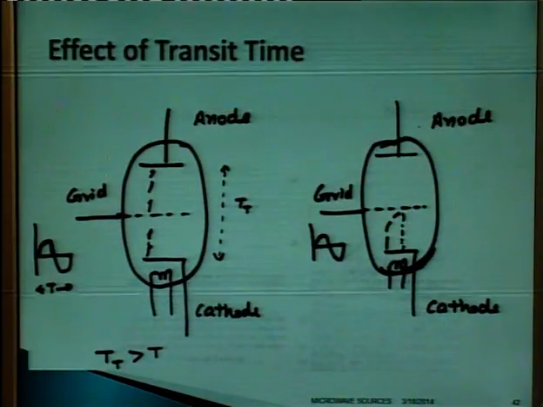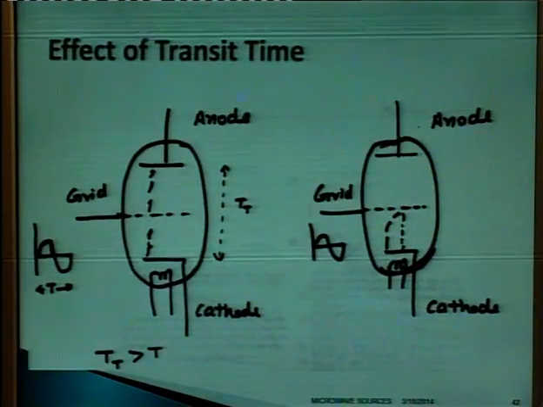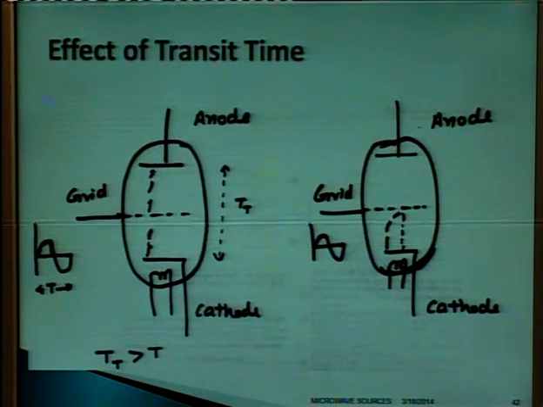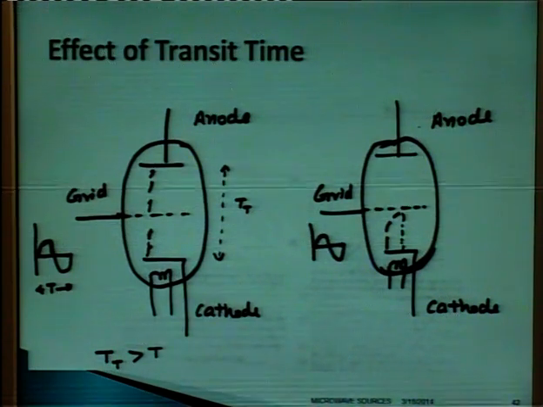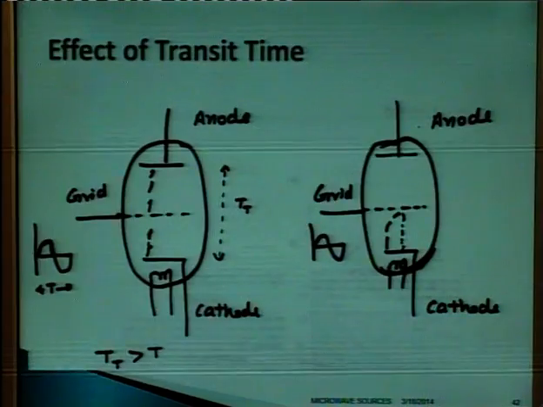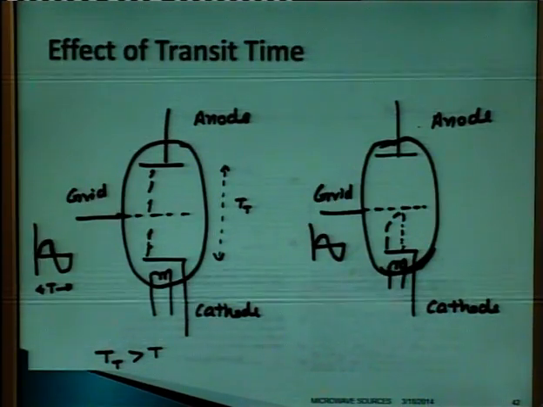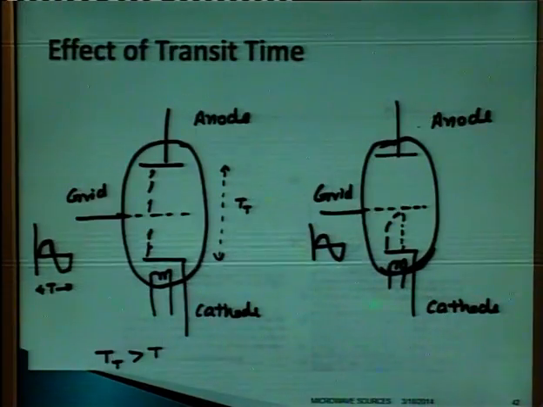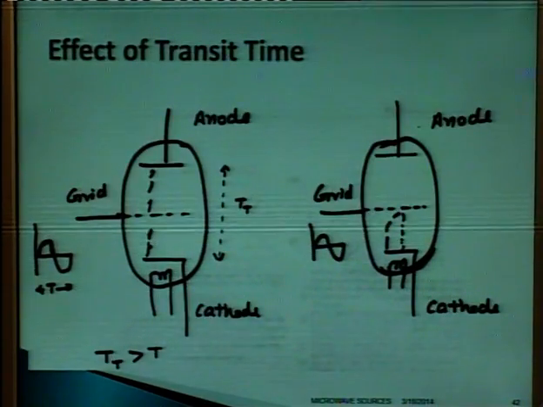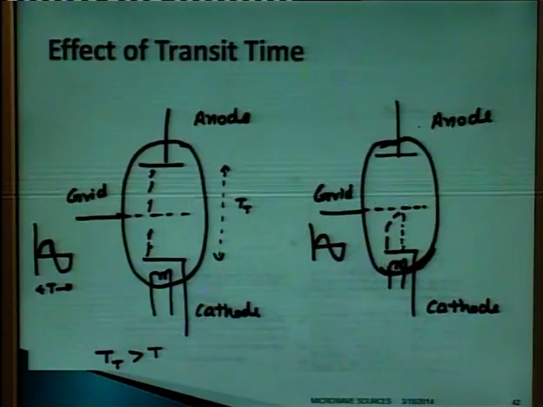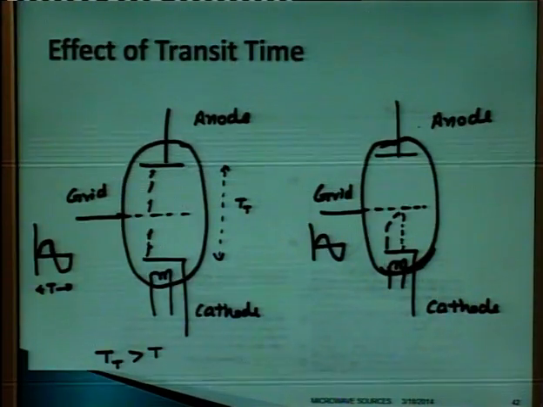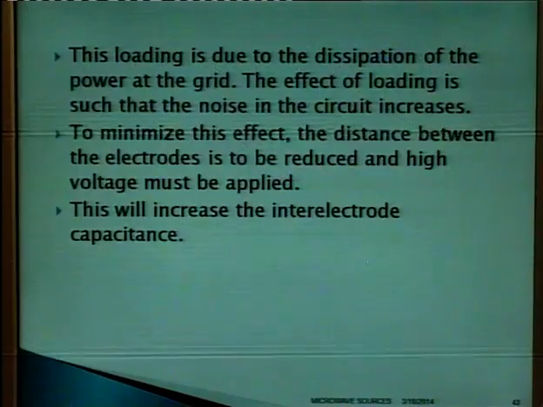So, we can see the effect of transit time, the time taken by an electron to move from cathode to anode. At lower frequency, this time is very small, but when the same circuit is operated at higher frequency, this transit time is very large, which is again a problem in our circuit.